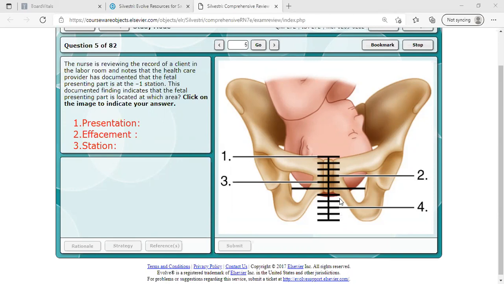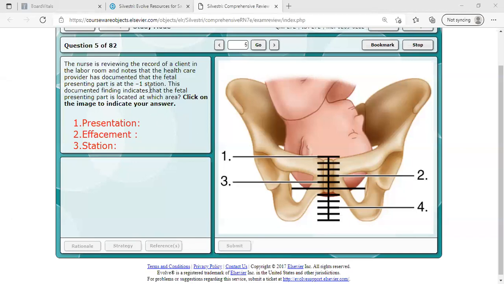So in the case of station, lower in the pelvis means a positive number. A negative number means above this line. A positive number means below this line.